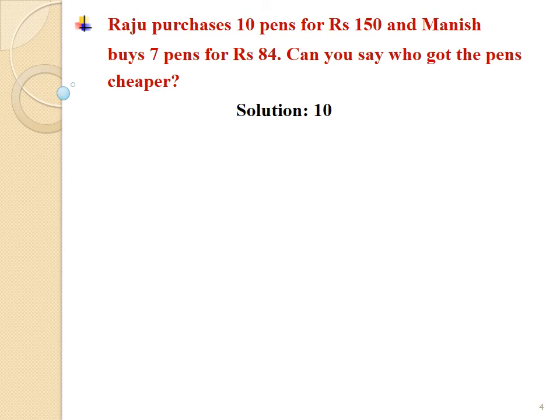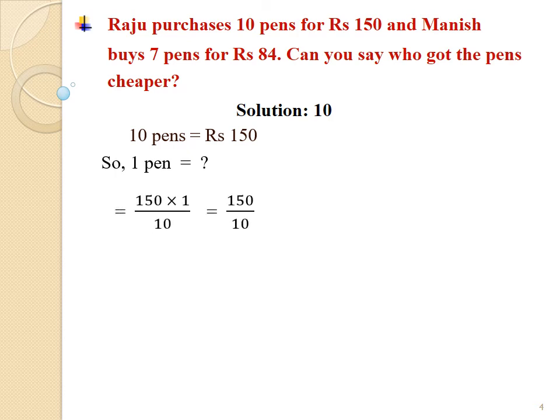First, for Raju, 10 pens equals rupees 150. So, 1 pen equals how much? By cross multiplying, we get 150 multiplied by 1 upon 10. Now multiplying 150 by 1 and keeping denominator 10 as it is, we get 150 upon 10.